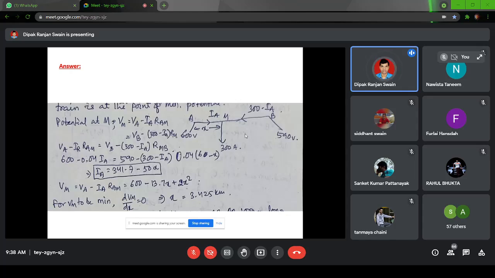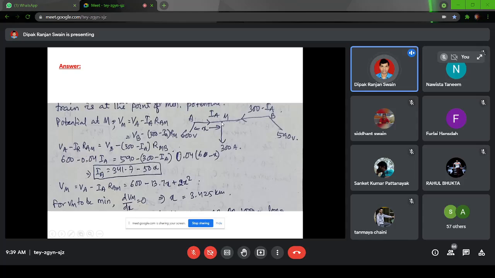So let us assume that the point of minimum potential is at a distance of x from the A side, or A point. M is the point where the minimum potential occurs. So I am going to concentrate on that one, that the train is static at that point where the potential is minimum.